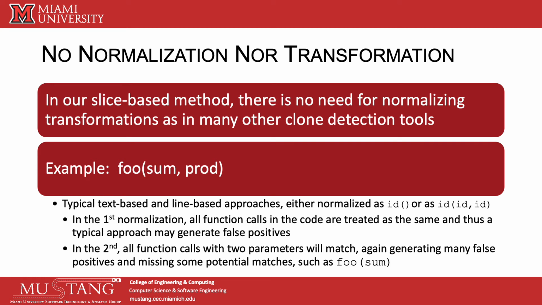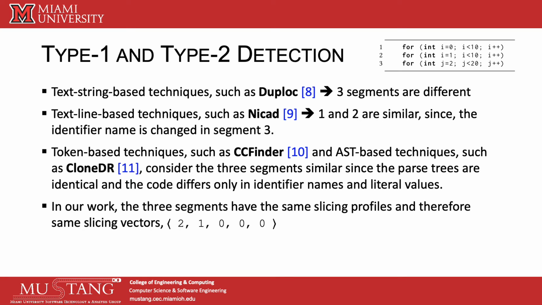There is no need for normalization and transformation as in others' work, because we generate a slice profile for each variable. And here we have a quick example. Please return to the paper to read specifically about this example. We successfully detect type 1 and type 2 clones.